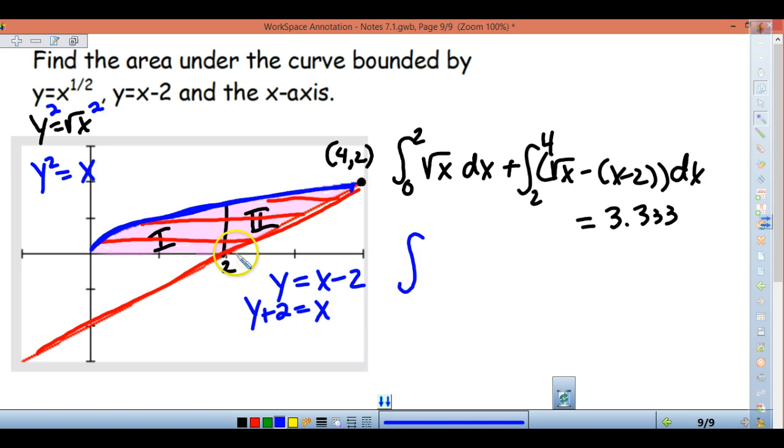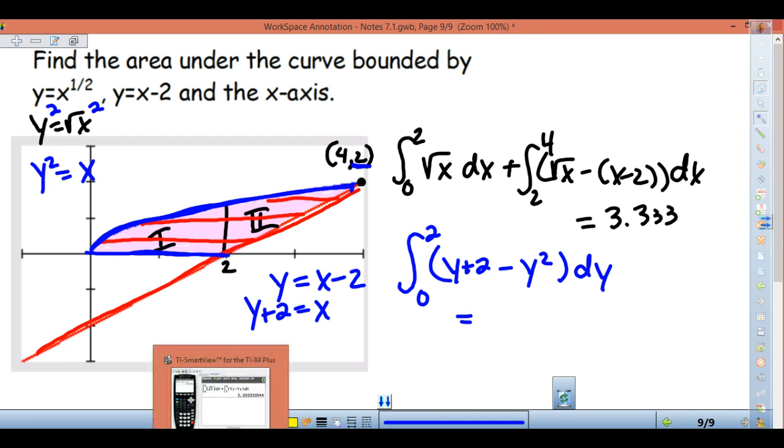So in the lower boundary here, this is when y is 0, and this is up to when y is 2, and my right curve being the line, so y plus 2 minus the left curve, which is y squared dy.